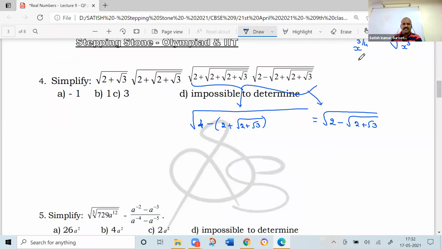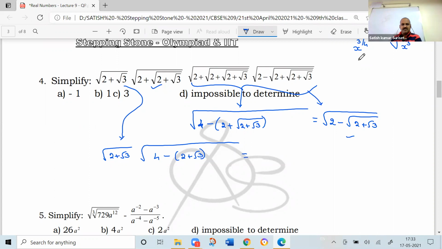That means now this product became this. Now if you observe this and this, it is again in the same form, a plus b into a minus b. So again apply a square minus b square. So root of 2 plus root 3, this is as it is. And the product of these two will again be root of a square minus b square, means 4 minus 2 plus root 3.